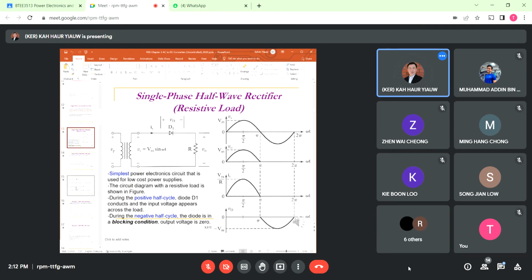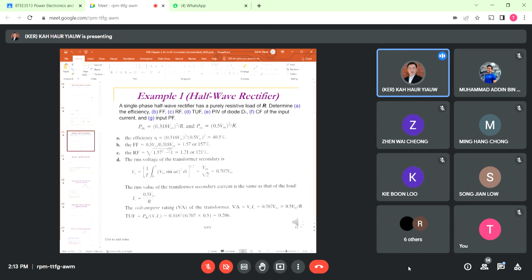And we also know that the supply current is similar to your load current in this case. Okay, half-wave rectifier, they are the same. Hence if I am doing the integration for my supply voltage VS here, I can see that my supply voltage at my transformer secondary is in fact equal to VM over root 2. Because at my transformer secondary side here, I actually have a sine wave, so it is actually a full wave.